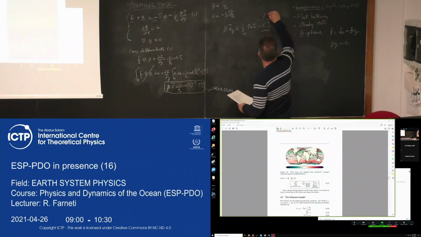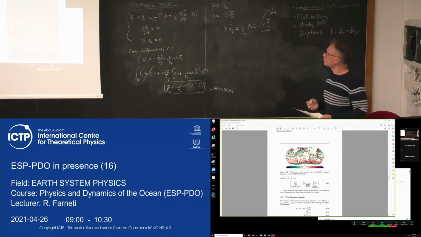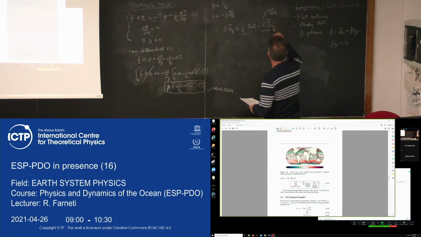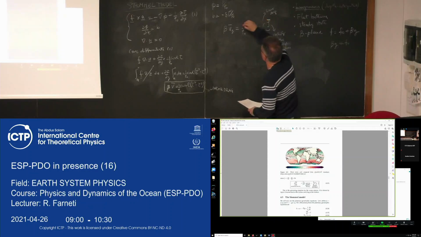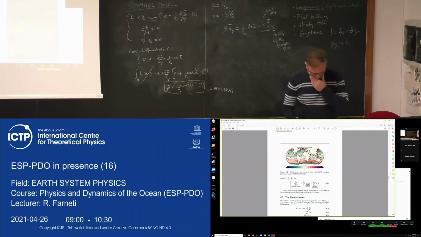So this is your linear drag coefficient. Okay, totally arbitrary. And this is, of course, the vorticity of the interior geostrophic flow, right? Vertically integrated, as the meridional flow induced by that.